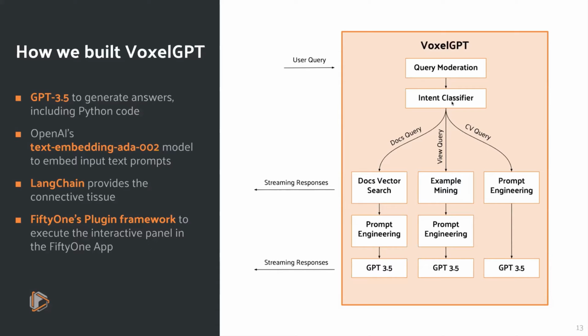And so how we structured this, well, a user query comes in. The first step in the pipeline, we do a quick call to OpenAI's moderation endpoint to make sure that there's nothing not safe for work or otherwise unsavory in the query. If something's found, it'll just immediately return and do nothing. If the query is good to go, it passes through to an intent classifier.